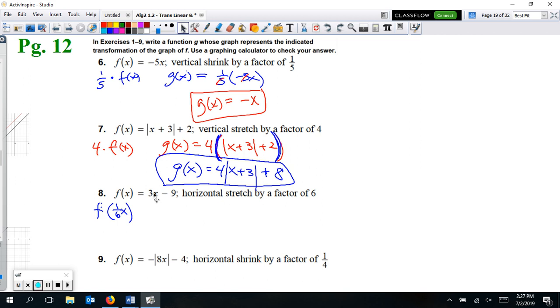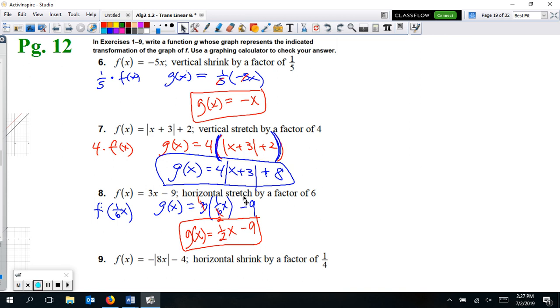So as we write down the g of x function, it's going to be 3 times 1/6 x, and then minus 9. As we do that, we can cross cancel 3 and 6. 3 becomes a 1, 6 becomes 2, and so that leaves us with 1/2 x. Times 1 is still 1/2 x, so this whole thing becomes 1/2 x minus 9, and that's our function after we do the horizontal stretch by a factor of 6.